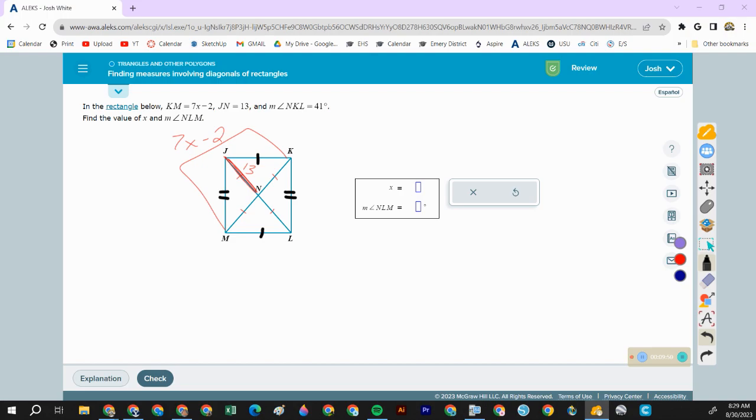Well, how does KM compare to JN? JN is half as big as KM, right? So 7x minus 2 is equal to how long?